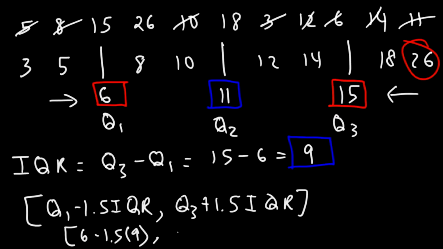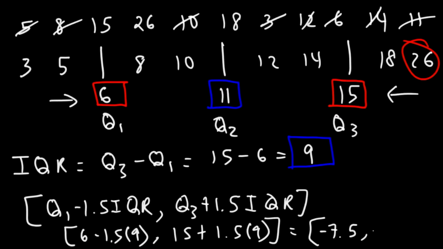Q3 is 15, plus 1.5 times 9. 1.5 times 9 is 13.5. So 6 minus 13.5 is negative 7.5. And 15 plus 13.5 gives us 28.5.